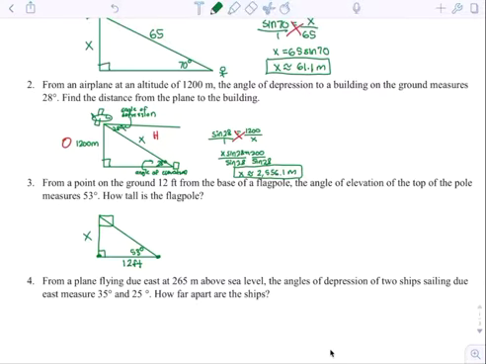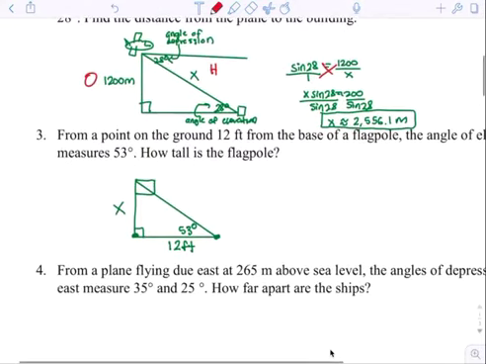So this is from the perspective of the angle. From the perspective of 53 degrees, we have opposite and adjacent. So that means we're going to be using tangent. Cosine of 53 is equal to opposite over adjacent. Put that over 1.